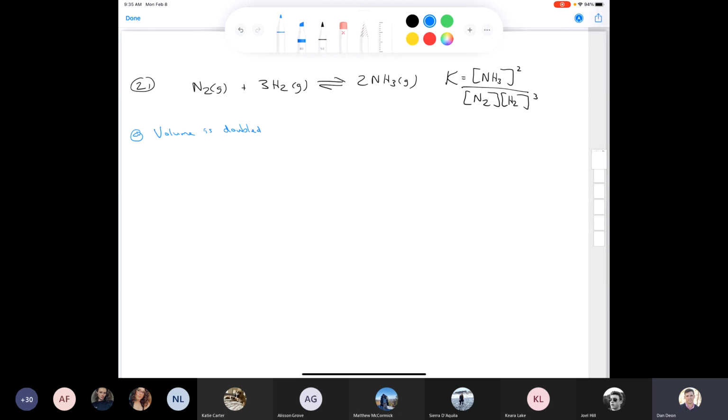Let's say you have some coffee, and then you add double the volume of water, right? So you add the same volume again. The coffee is going to be weaker, right? It's more dilute. So when volume is doubled, the initial concentration is going to be divided by two. We're going to have half as much.